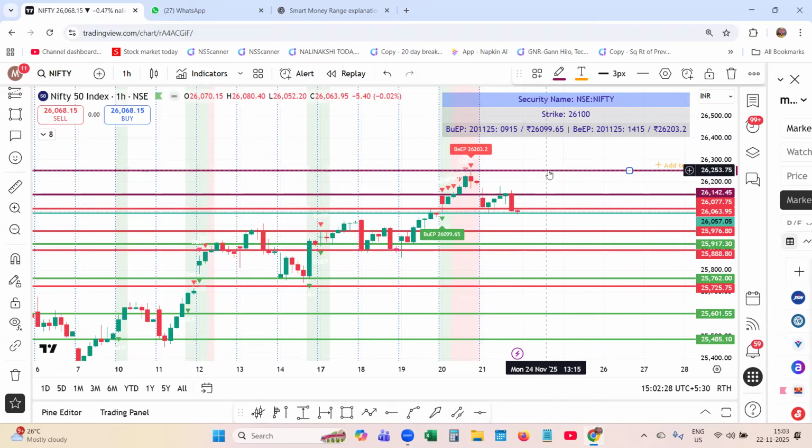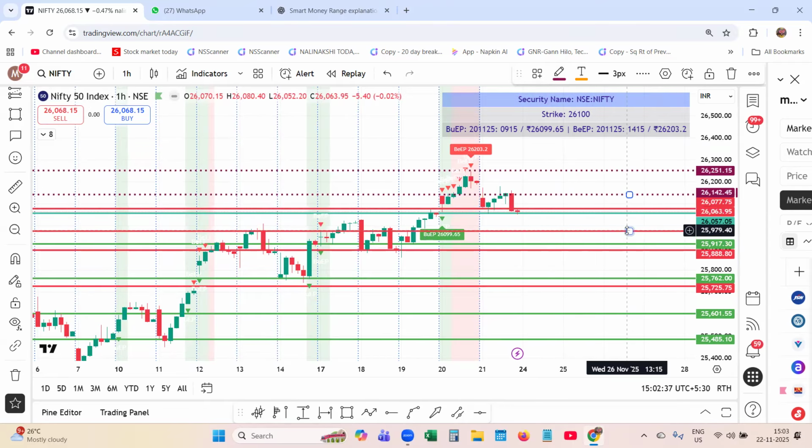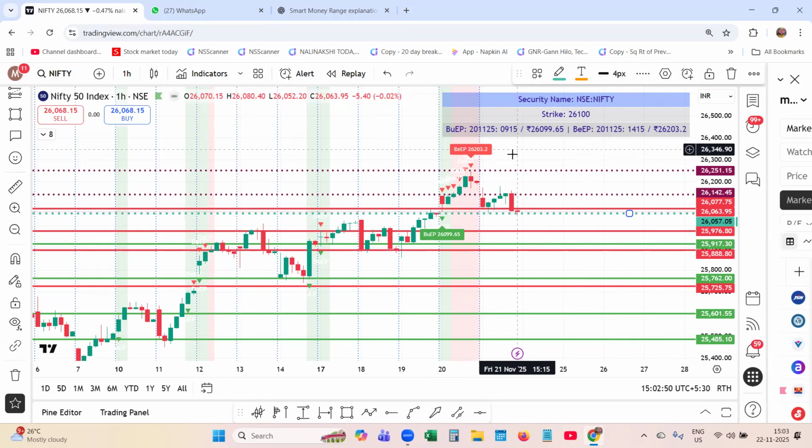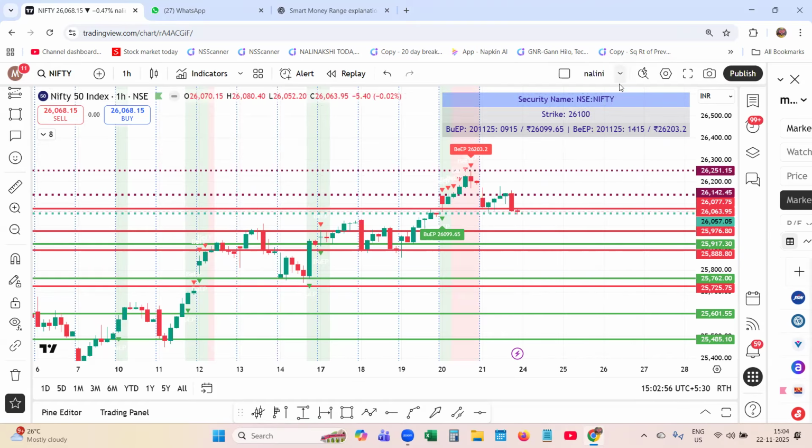So these new lines, let us make them dotted. New, this one, new bullish EP, let us make it dotted. Let us make it a little bit thicker, 4. And this one also, number 4. And this one is number 4.